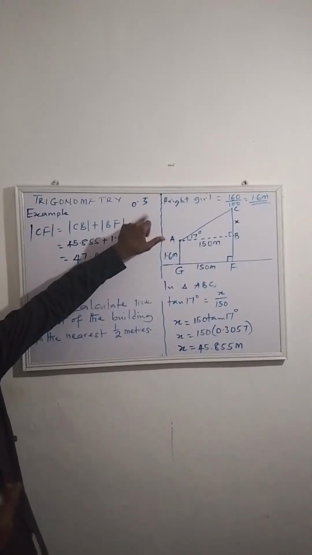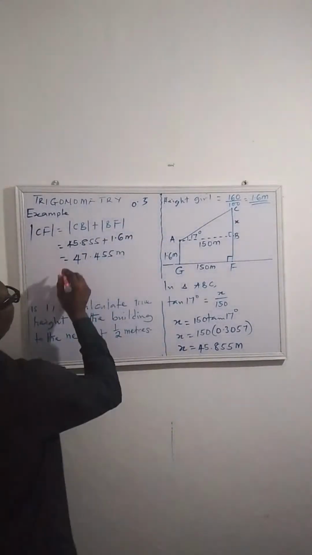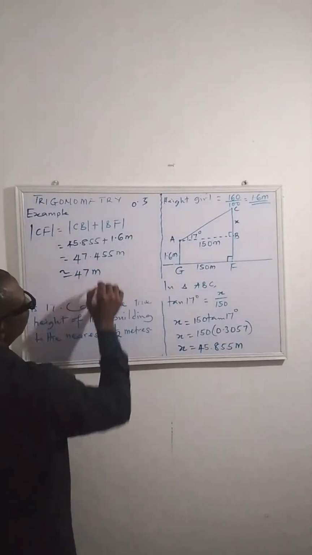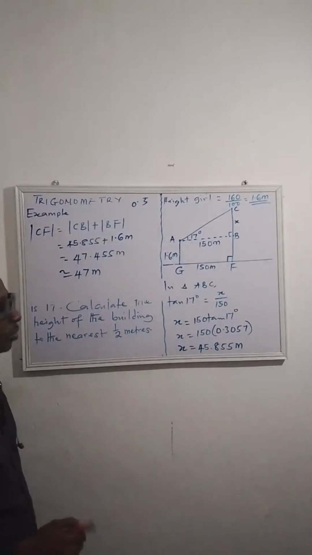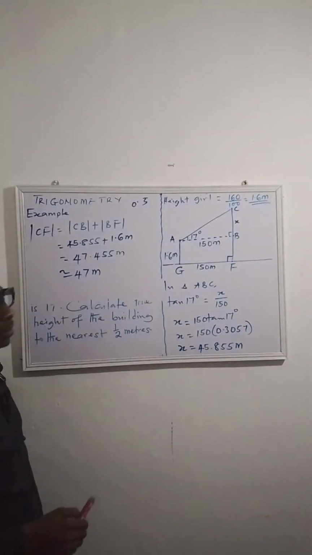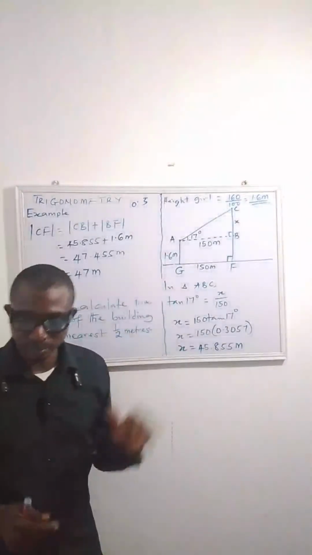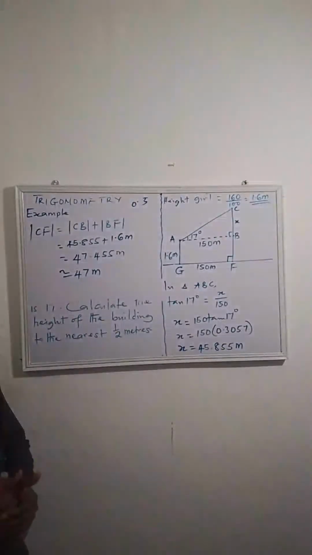I want to believe you understand that. So now this is going to be 47 meters. So 47 meters is the answer. All right, I want to believe we all understand the solution to this problem.